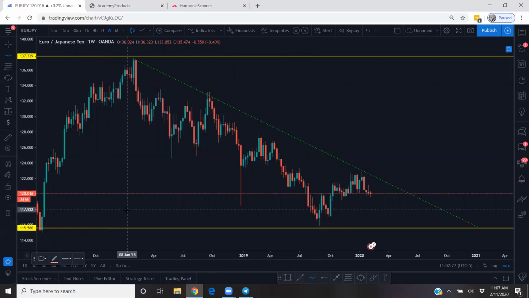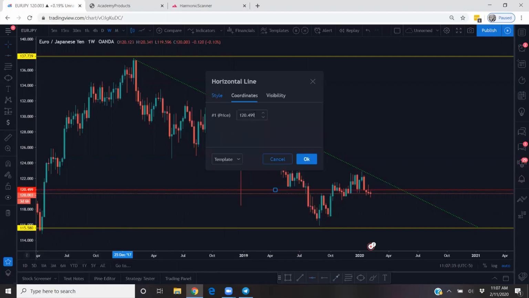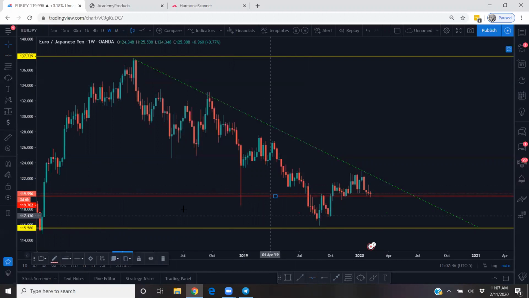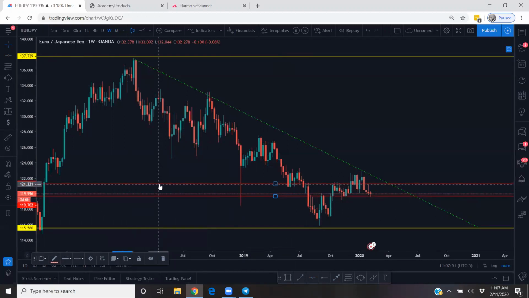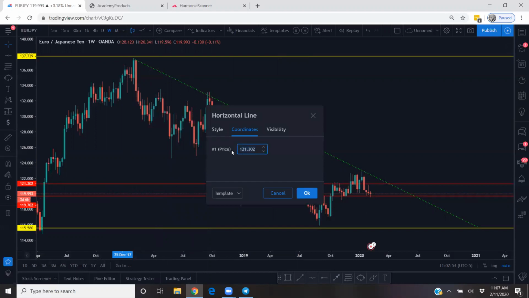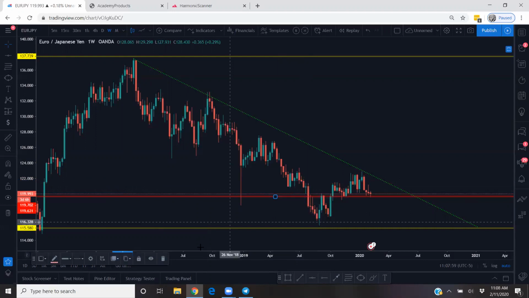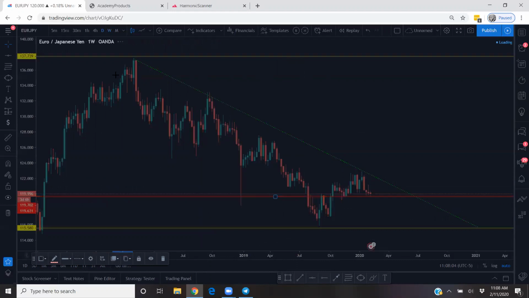So they are looking at between there and there. So pretty much on the weekly, it looks like just the same exact area. So I'm gonna drop down to my daily.